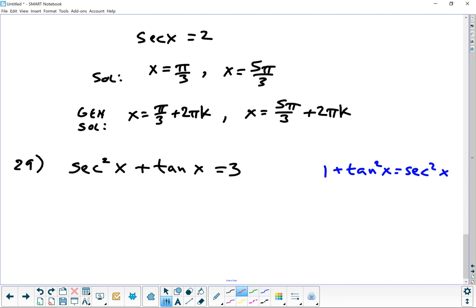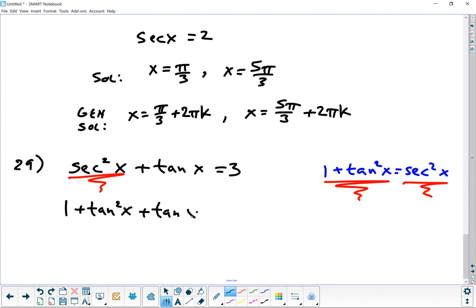And we actually have that. We have secant square x, and we can rewrite it as 1 plus tangent square x. So instead of writing secant square x, we're going to write down 1 plus tangent square x. So 1 plus tangent square x plus tangent x. And then I'm going to move this 3 over, so it would be minus 3 equals 0. I have a feeling this one's going to be a factor with a diamond or with the x factory. And you can combine the 1 and the negative 3.